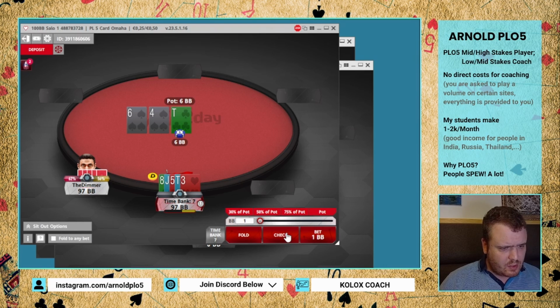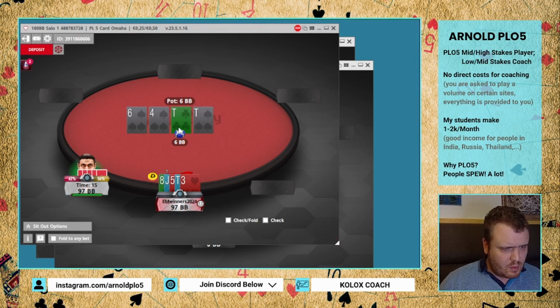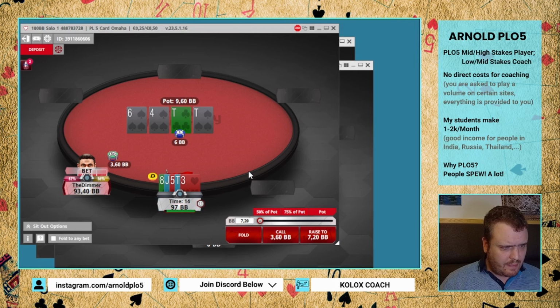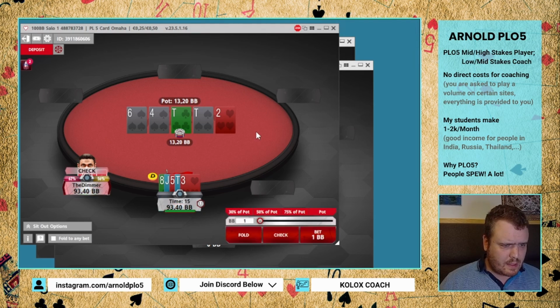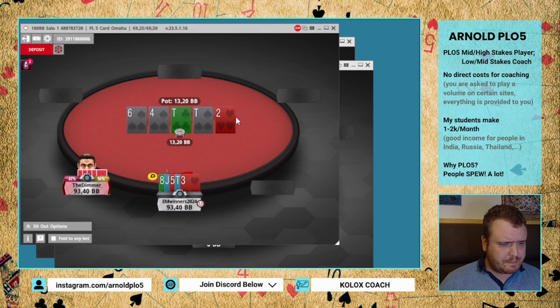It's a good hand to check back. You do not want to get raised here with enough equity. Here it's a clear call. I don't think we should bluff it. Now we have 3-5, so we can check back.